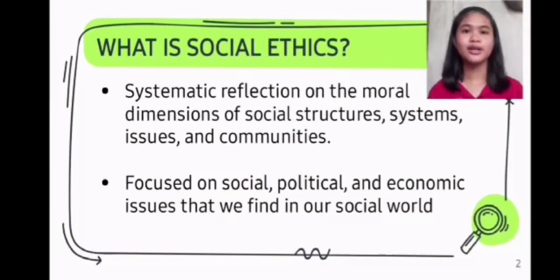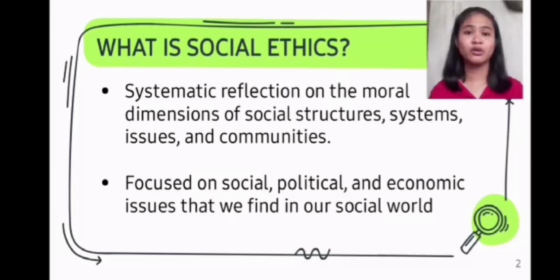So first, what is social ethics? Social ethics is the systematic reflection on the moral dimensions of social structures, systems, issues, and communities. Social ethics can be taught as a branch of applied ethics, the application of ethical reasoning to social problems such as abortion, distribution of economic goods, euthanasia, crime, war, and peace.